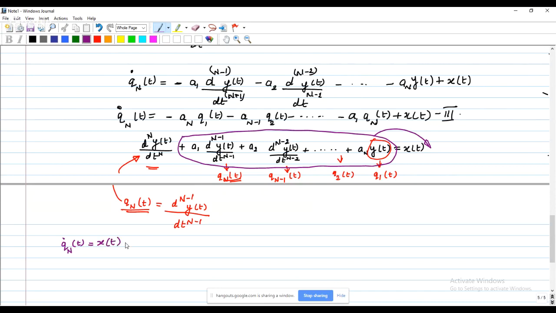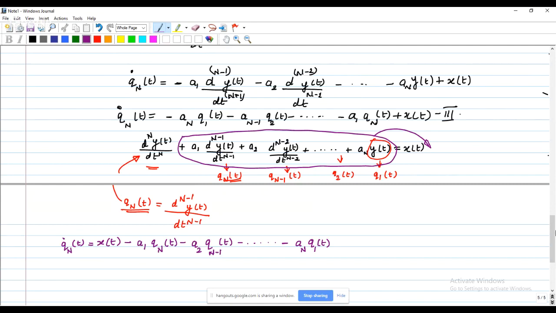So it will be x of t minus a1 d n minus 1 y of t by dt, which can be written as a1 qn of t, minus a2 qn minus 1 of t minus so on and so forth, minus an q1 of t. This will be my equation.